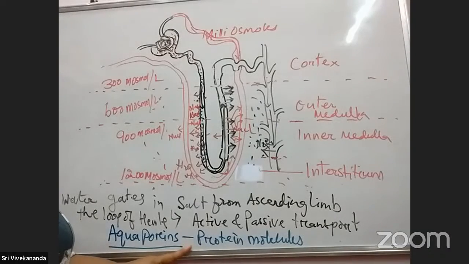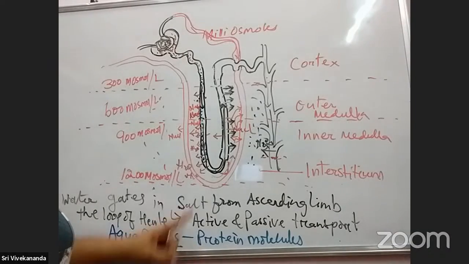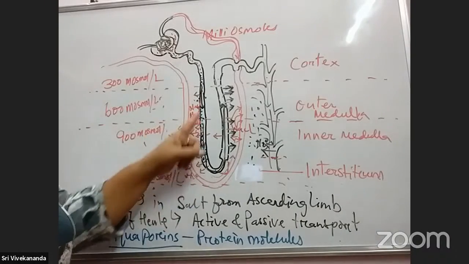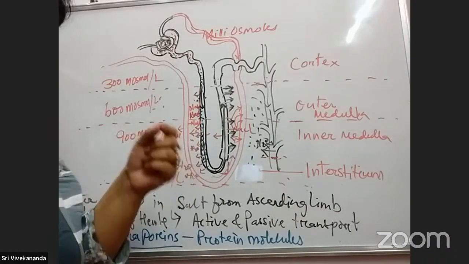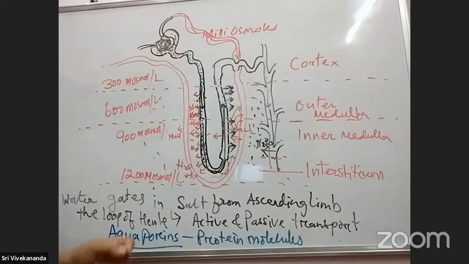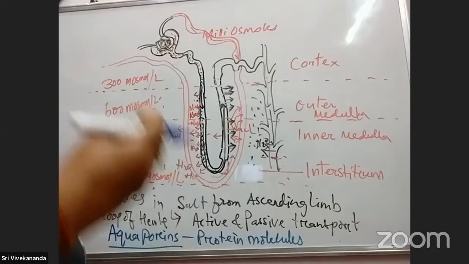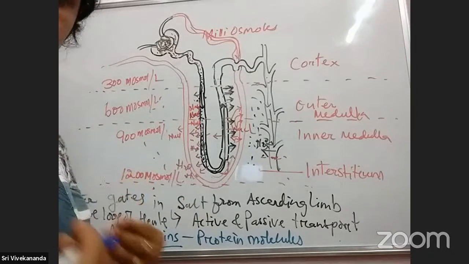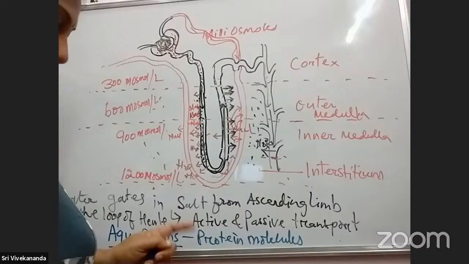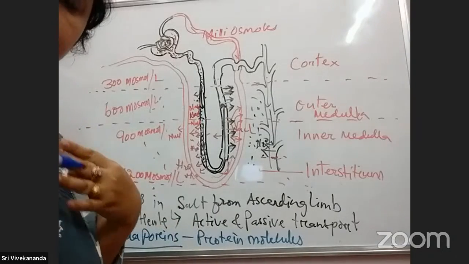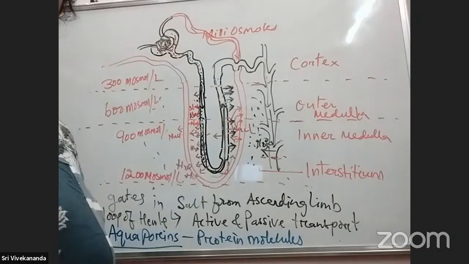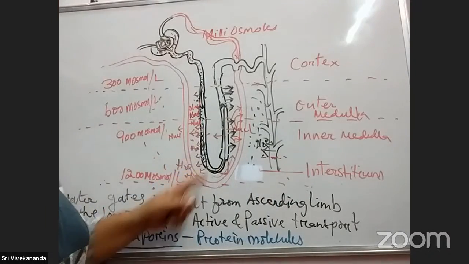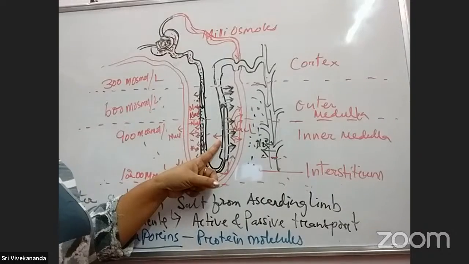So this protein is present in the cell membrane of this tubular part, the cuboidal cells of the tubules. They have aquaporin protein, which acts like a carrier protein, a transporting protein. That will help the movement of water molecules from the tubule to outside so that it will be absorbed by the blood. But there is zero aquaporin on the ascending limb.